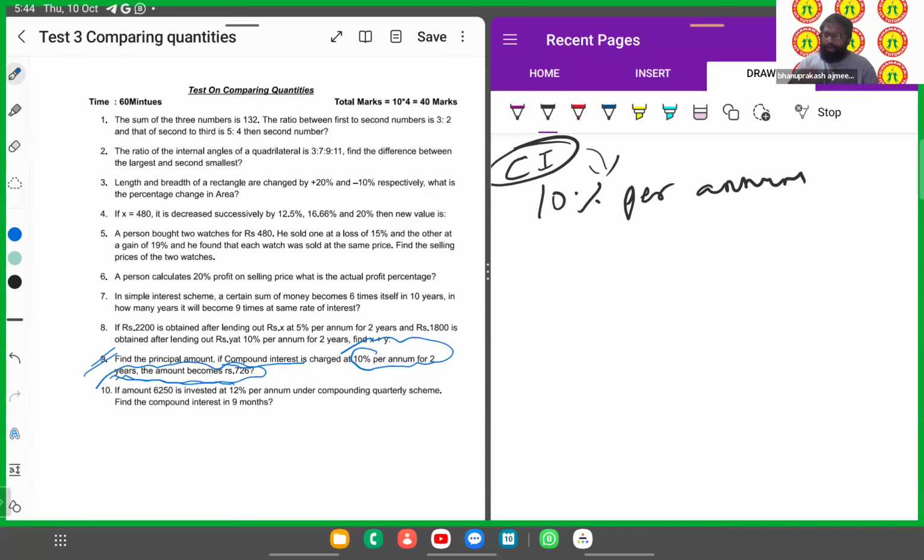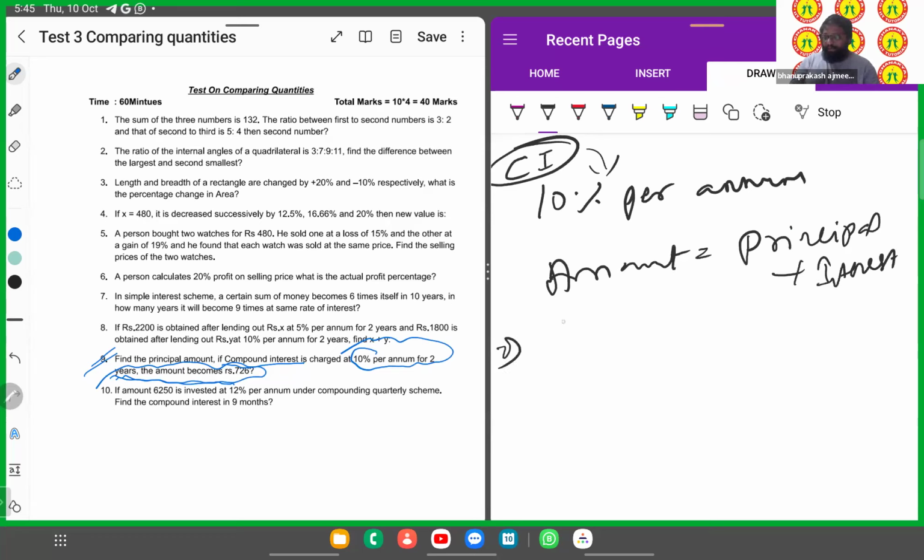Everybody knows that amount is equal to principal plus interest. Here I know the amount is 726. It's charged up to 726, and the principal we don't know.